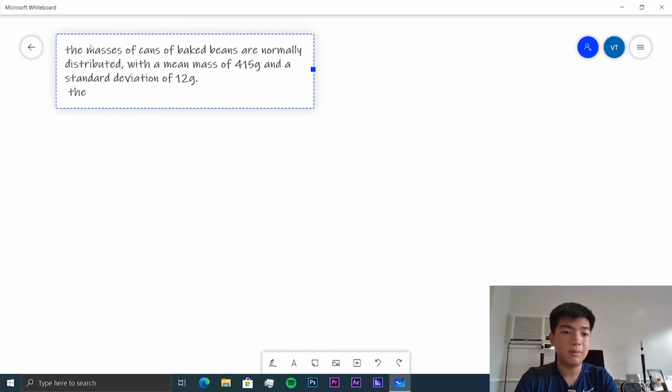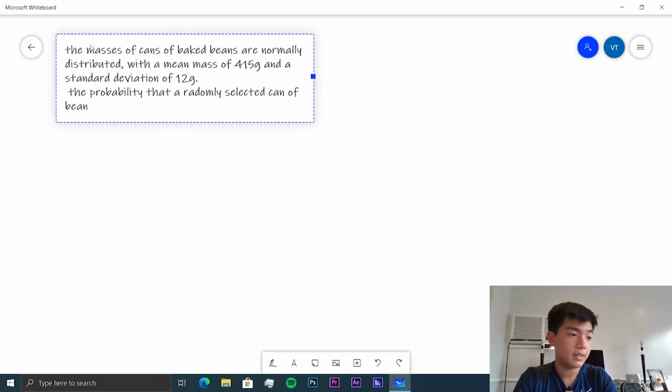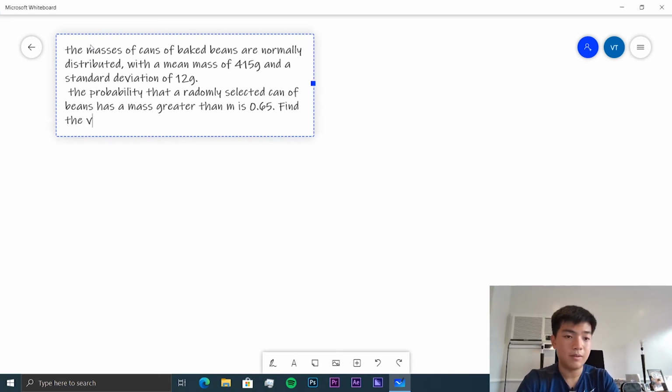So first, the probability that a randomly selected can of beans has a mass greater than m is 0.65. Find the value of m.